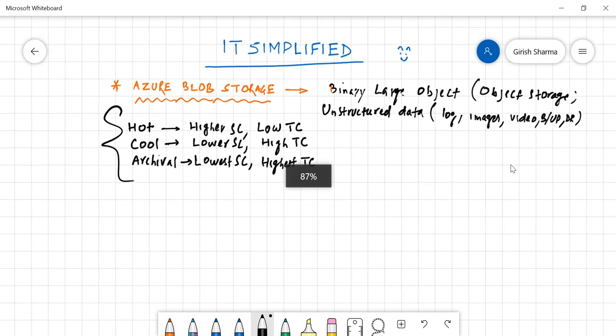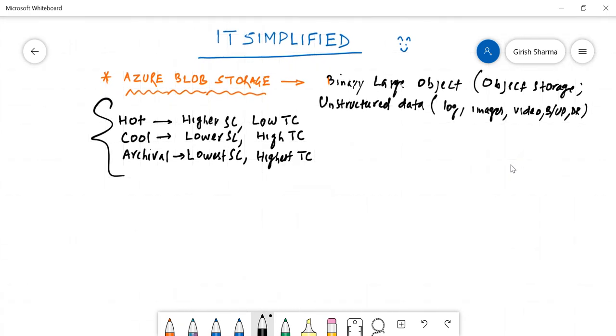And as I said, that is what makes it more interesting, because a lot of customers, a lot of users, are looking at Azure Storage and they can utilize all these three tiers to solve a lot of business problems, because storage is one of the most expensive components when we are talking about on-prem. One of the most highly consumed services in Microsoft Azure is storage, and Azure Blob Storage specifically.